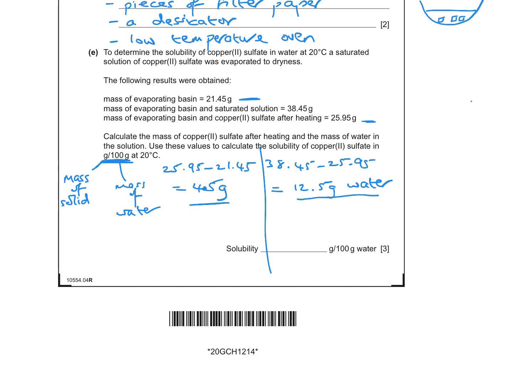If you weren't too sure of that, what you can do is just divide the 12.5 by 12.5, and that would give you 1 gram of water, and then you could multiply by 100. If you do that, then you have to divide 4.5 by 12.5, and then you multiply that by 100. And if you do that, you'll get an answer of 36 grams.